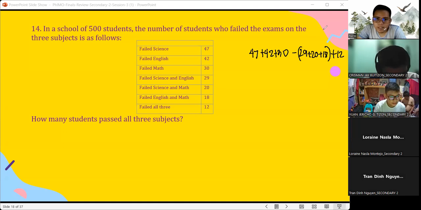So this is plus for this one, and this is minus and then another plus. So minus 20 minus 18 plus 12. So that's equal to 64. But then there are 500 students, so 500 minus 64. So the answer is 436.